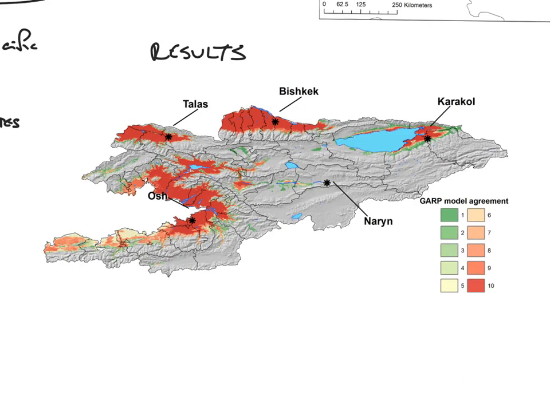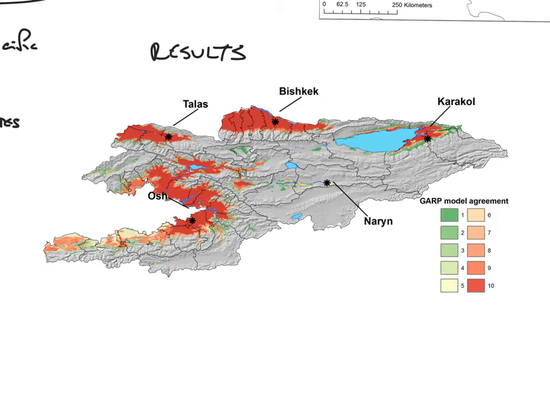In the results section, we're going to present our results. In this study, our objective was to produce an ecological niche model-based prediction of where we anticipate Bacillus anthracis, the pathogen that causes anthrax, is most likely to persist in the environment. And so our primary results for this study were the production of this map shown here.